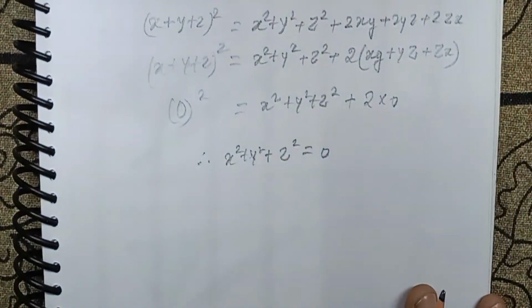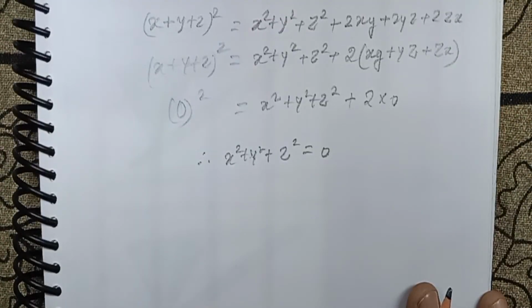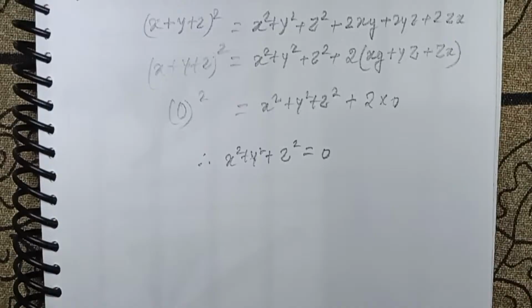Now you can see here it is given three rational numbers.